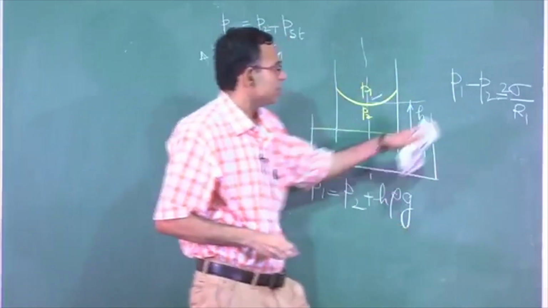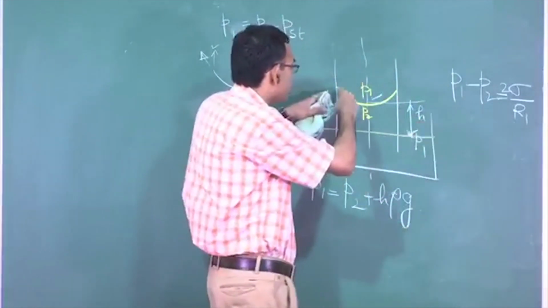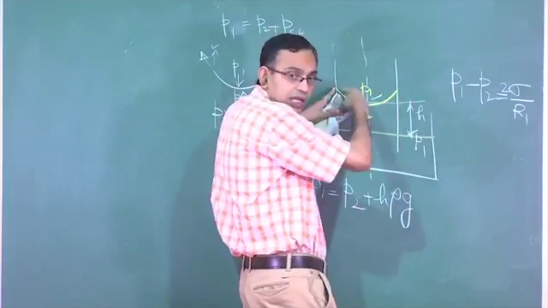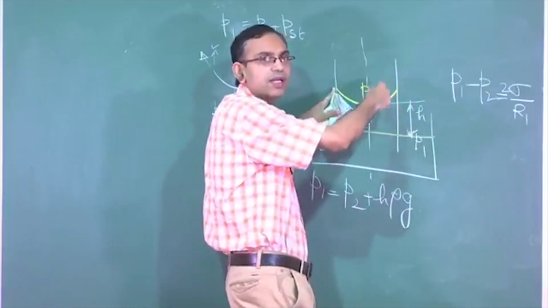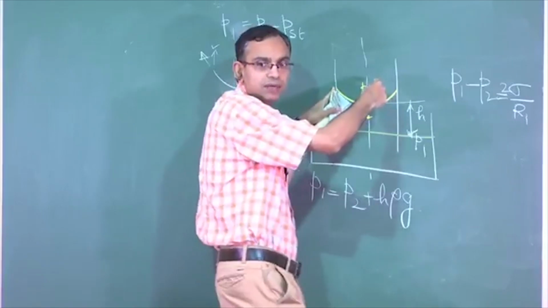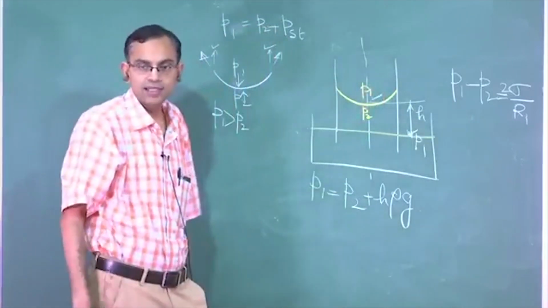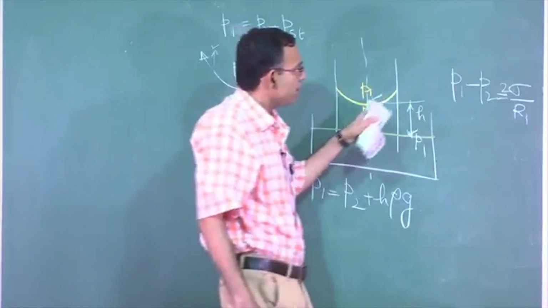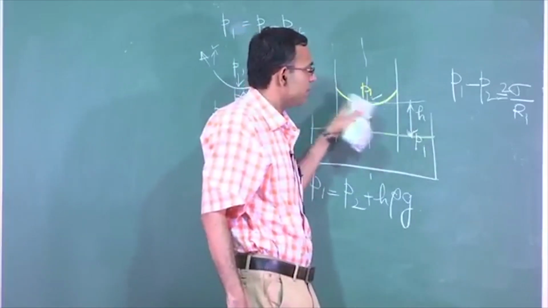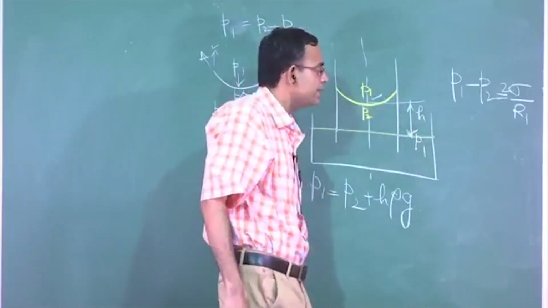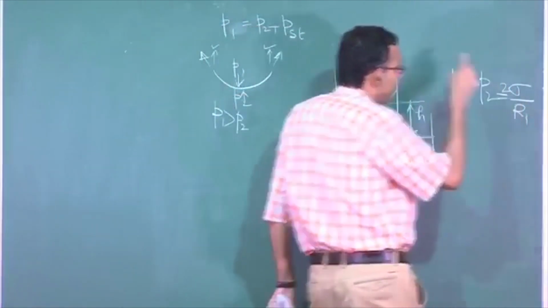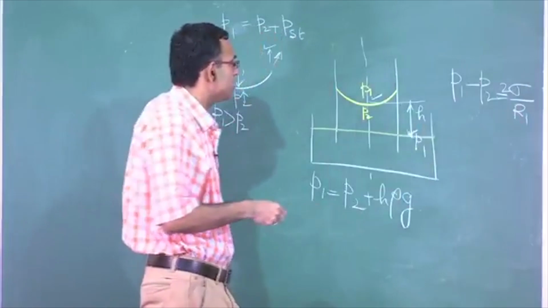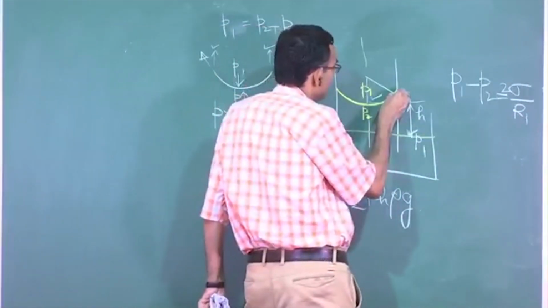So, what is this r1? If we assume this to be a spherical interface, see this is small, so assuming it to be a part of a sphere is not a very wrong assumption. If you consider this to be a part of a sphere, then P1 minus P2 is 2 sigma by r1, where r1 is the radius of the sphere.